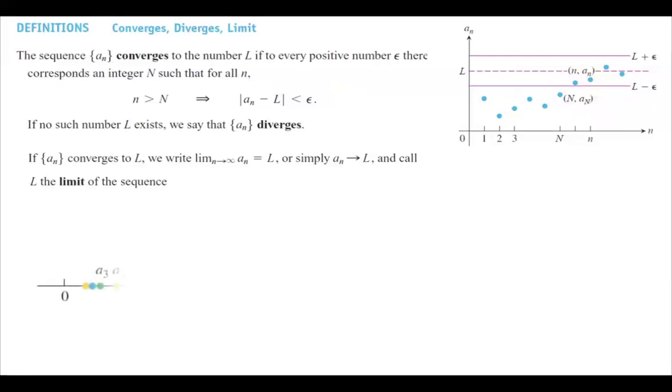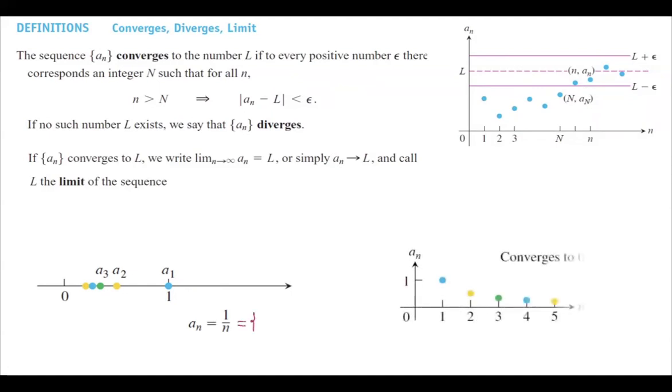So now that we define the limit of a sequence, we want to analyze other types of sequences. For example, 1 over n. In 2D, when you plug in 1, you get 1 over 1, which is 1. When you plug in 2, you get 1 over 2. When you plug in 3, you get 1 over 3, 1 over 4, and so on.